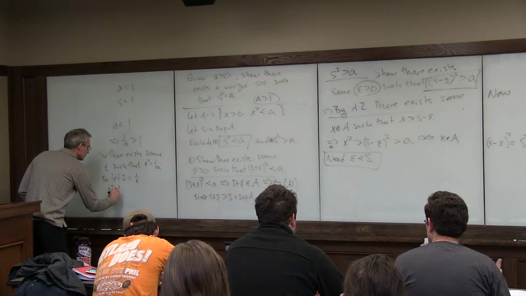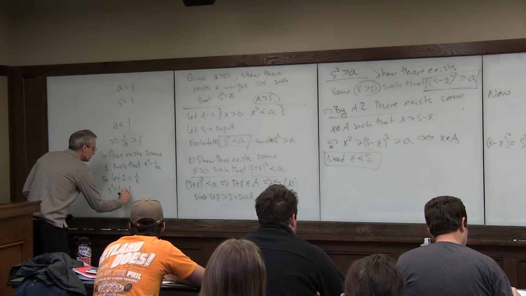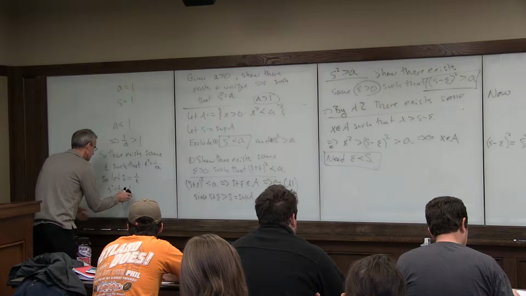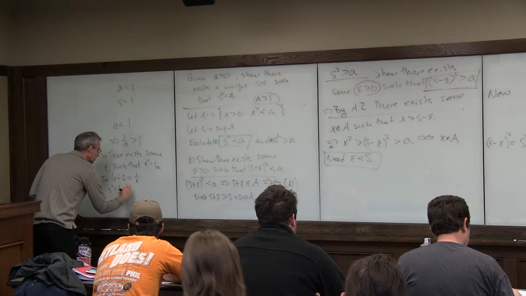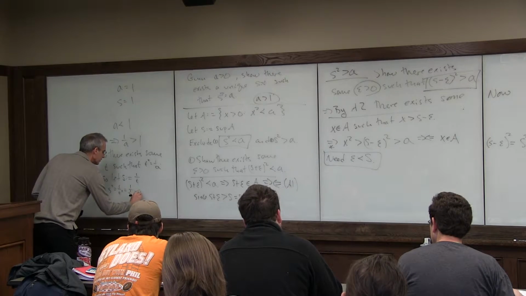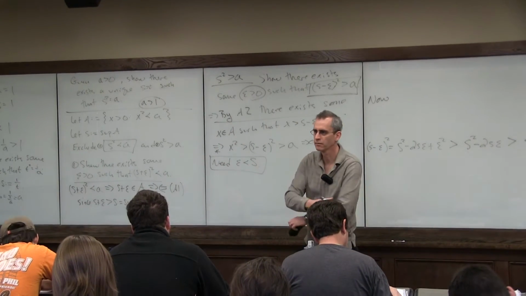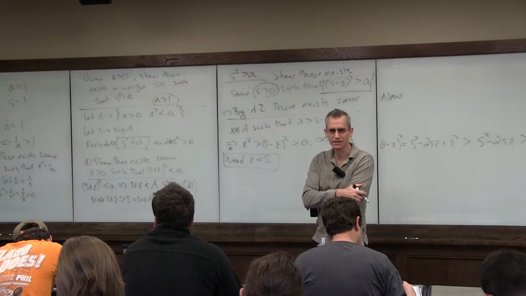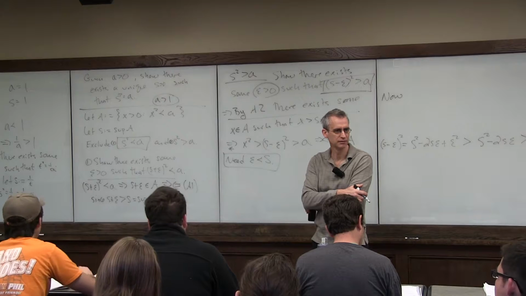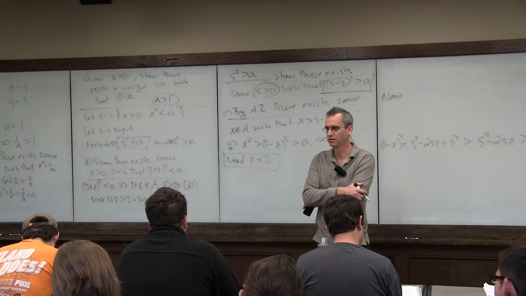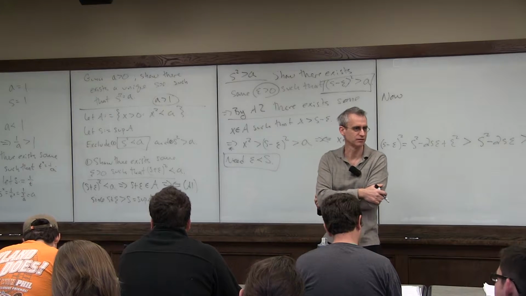S squared equals 1 over t squared equals 1 over 1 over a, equals a. That's the lazy solution, right? And you should always be looking for the easy way out, as long as it's correct.